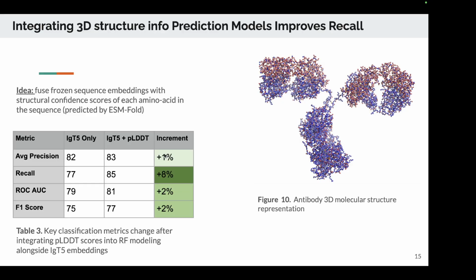And in the end, our best model, random forest on IgT5 frozen embeddings plus structural scores, had a ROC AUC of 81%, which is quite a good result for this task.